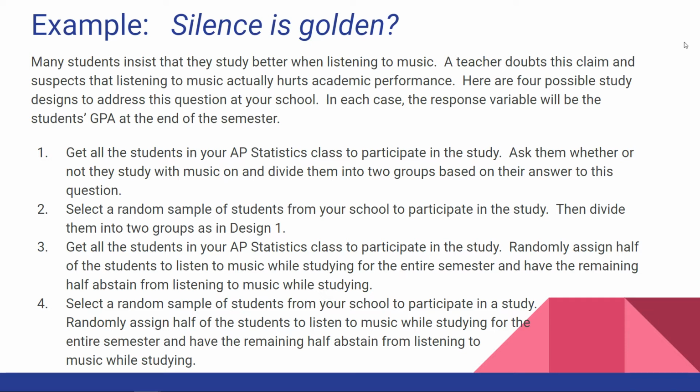The third one, you still use only the students in your AP Statistics class, but you do randomly assign half the students to listen to music while the others do not. And then the last one, you randomly choose a sample of students from the entire population of the school and randomly assign them to the study groups.